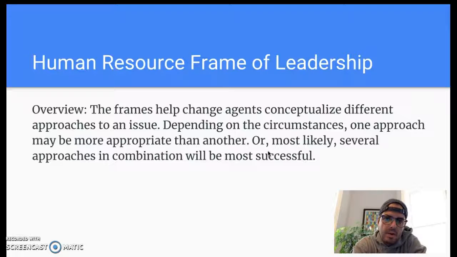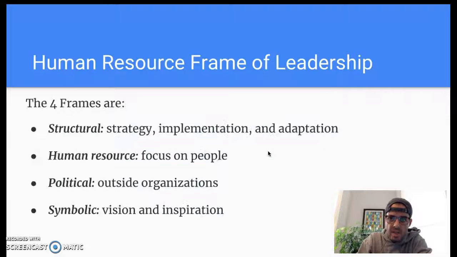The idea here is that any issues that might arise as a leader are all different, and some of them should be approached in a different manner. Depending on the circumstances, of these four different approaches that I'm going to lay out in a second, one may be more appropriate than another, or you could use a combination of both, which would make you the most successful as a leader.